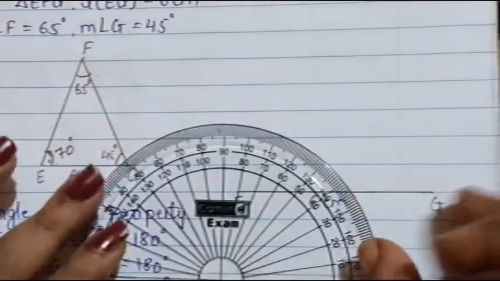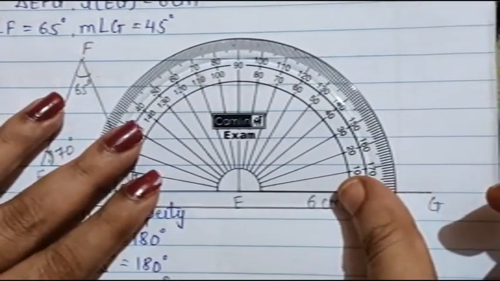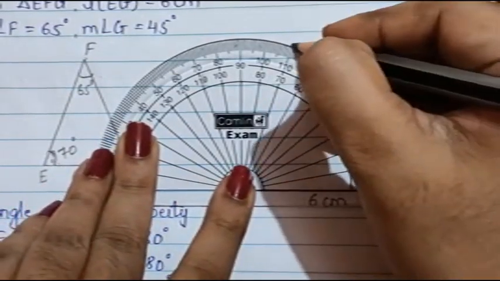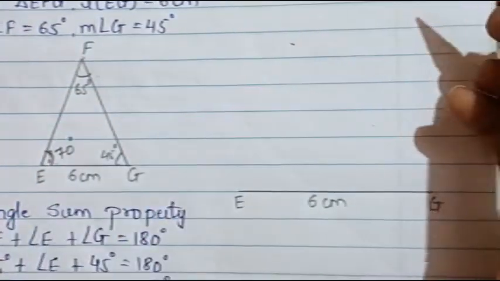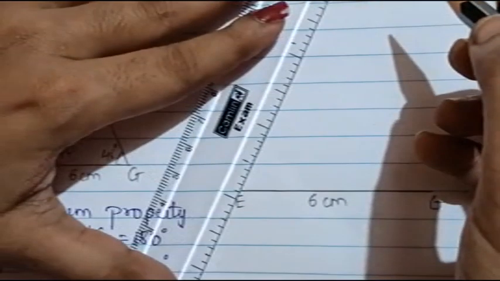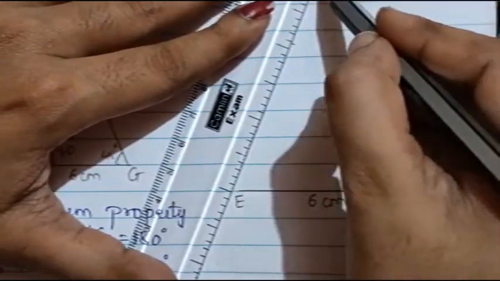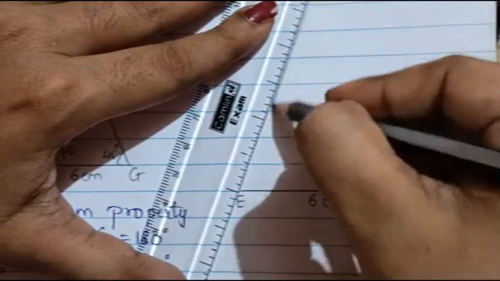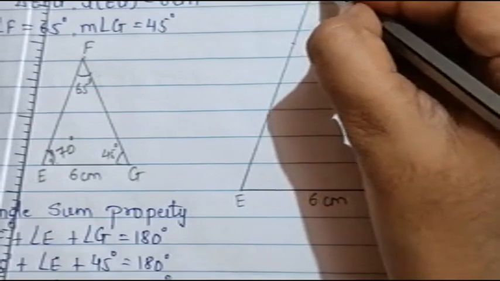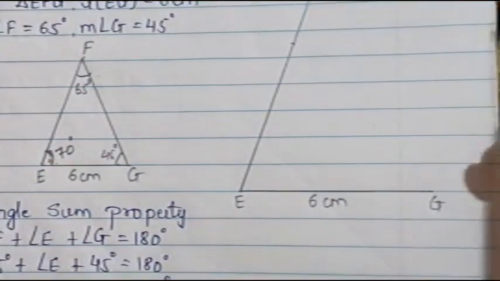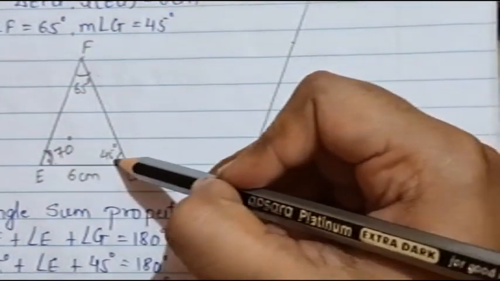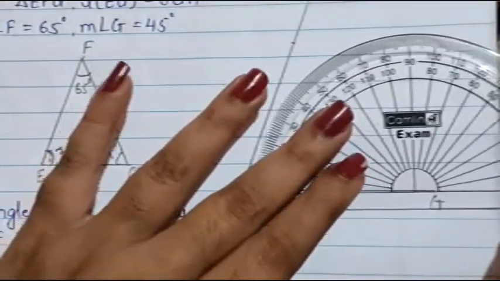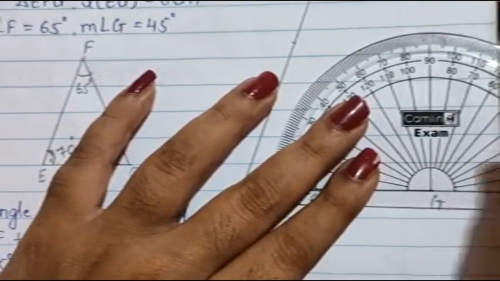So here we'll place the protractor and we will mark it as 70 degree. Over here it is, and then with the help of the scale we will draw a line. Okay, and the second one is 45 degree. So again with the help of protractor you will draw 45 degree.